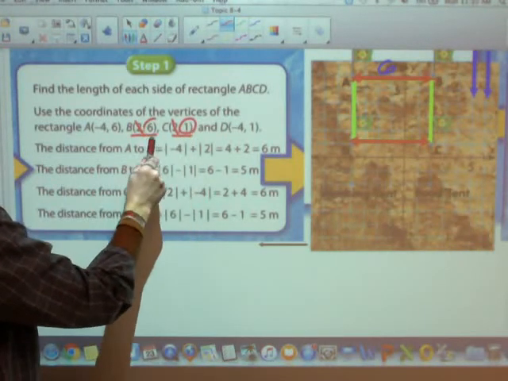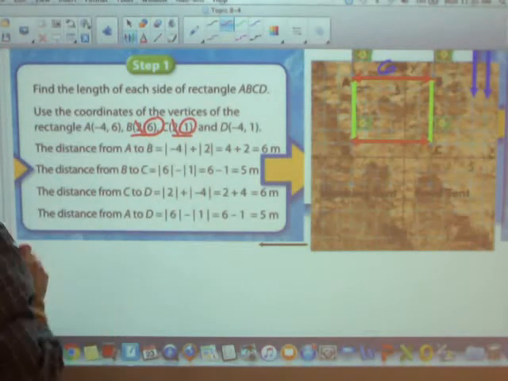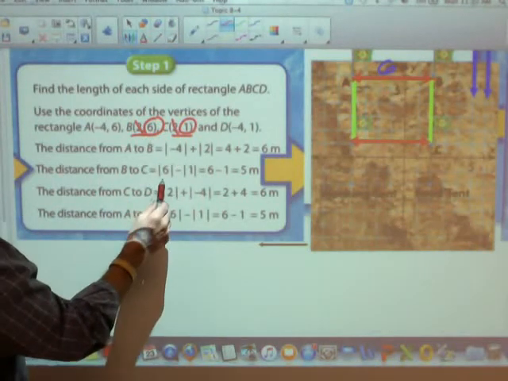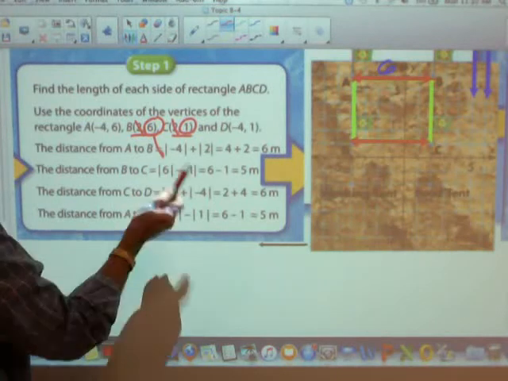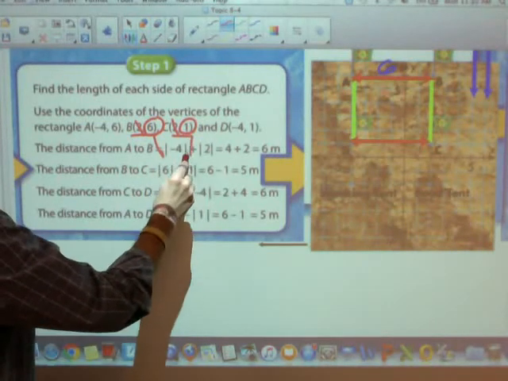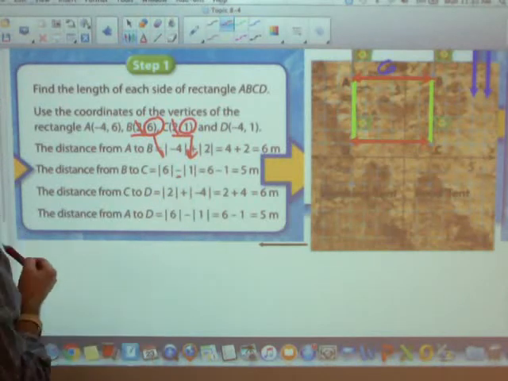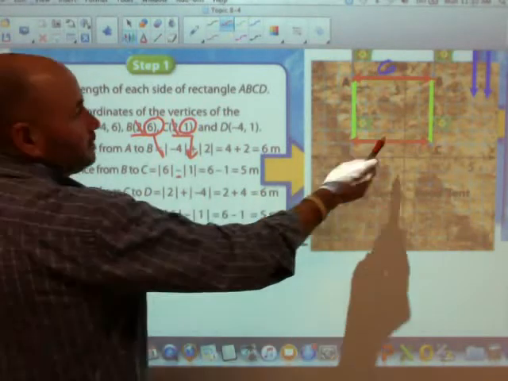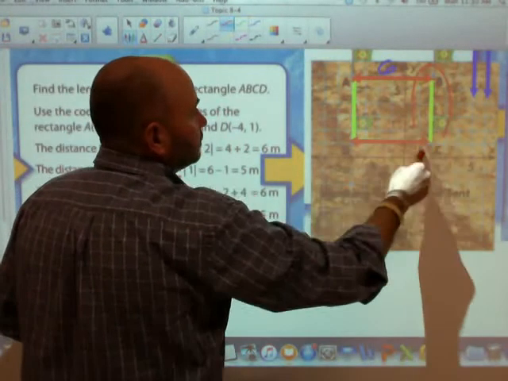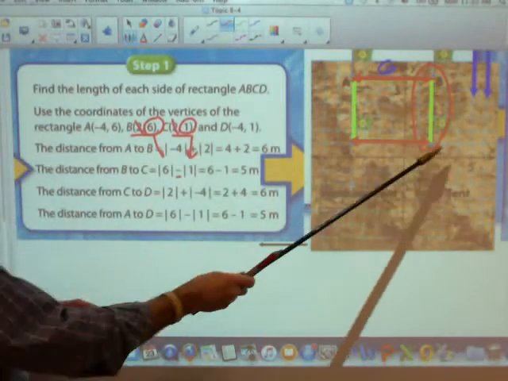We take the absolute value of 6 and the absolute value of positive 1, and we're going to use subtraction. The reason we use subtraction is because those points are in the same quadrant.